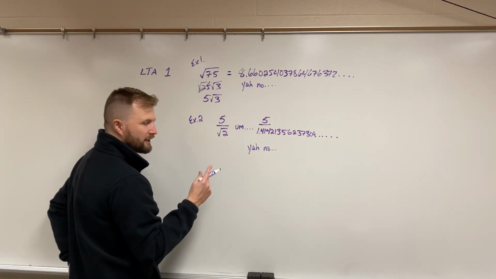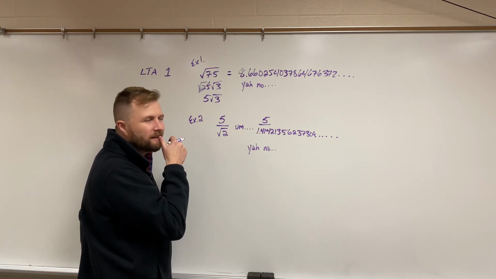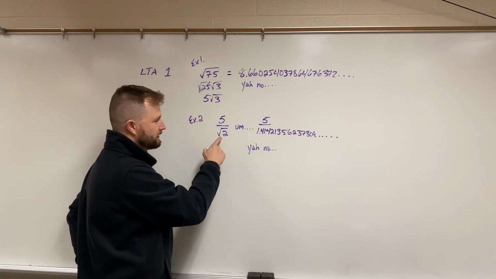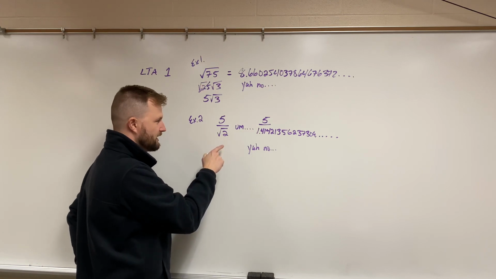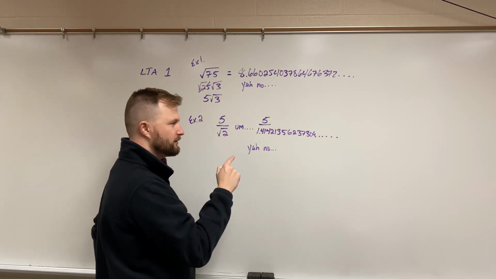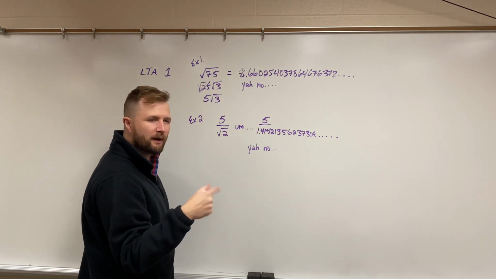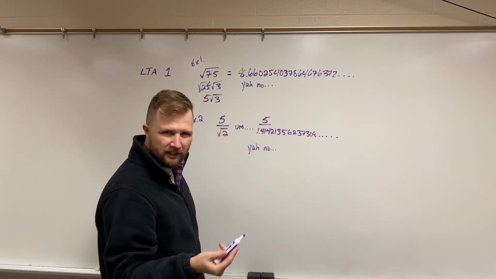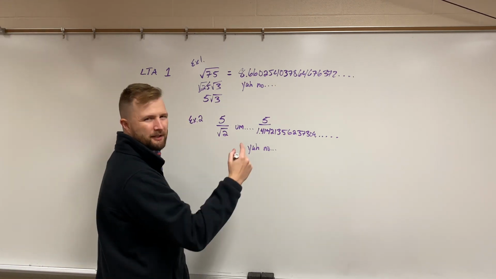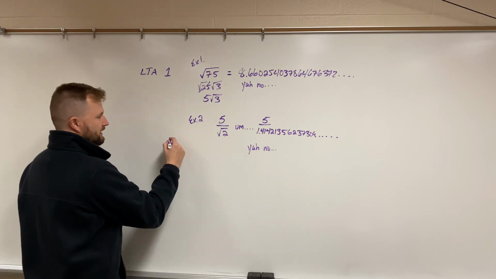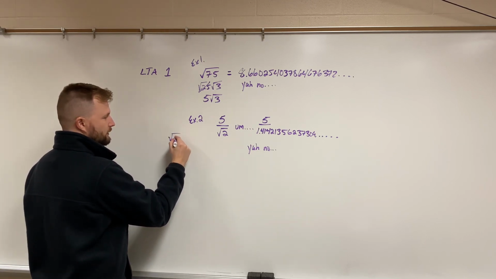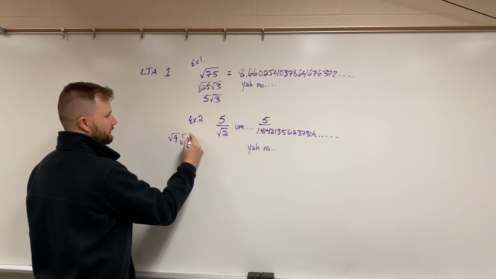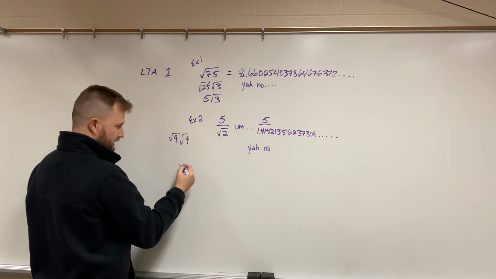Now there's kind of like a hack here. So we know that square root of 2 is irrational, but if we actually multiply any square root by itself, it turns into the normal number. Let me just do an aside here. Think about this for a second. What's the square root of 9? 3. What's the square root of 9? 3.